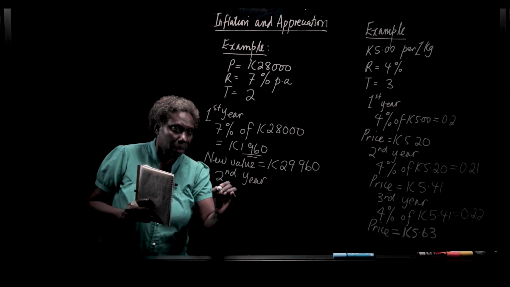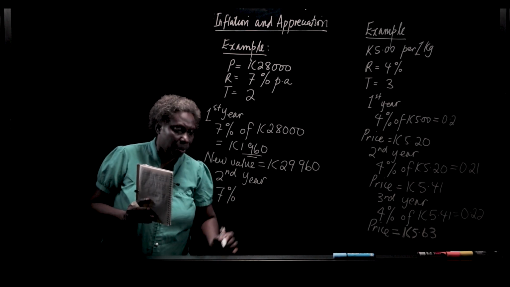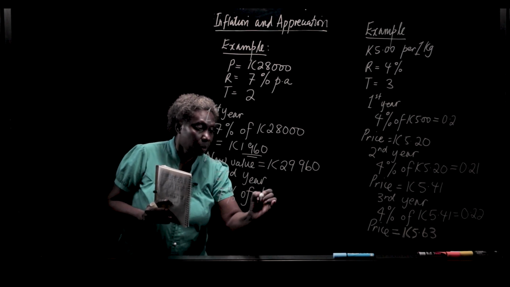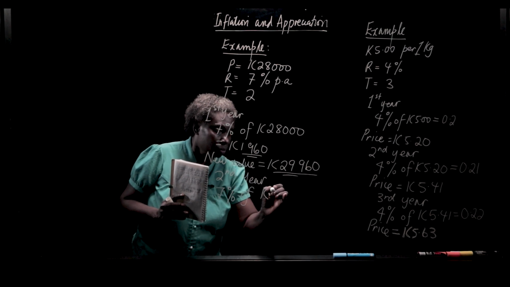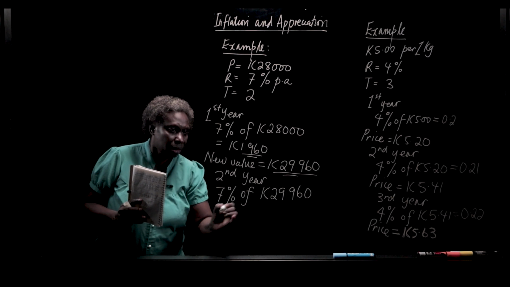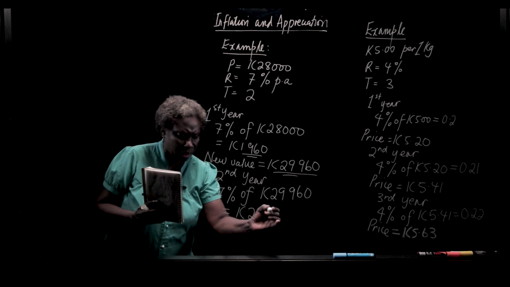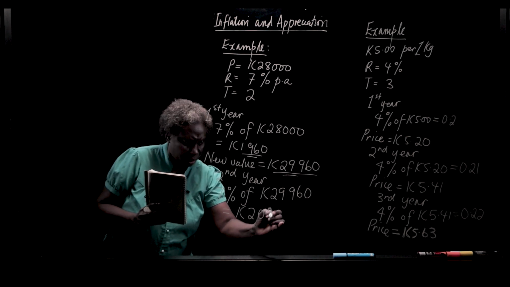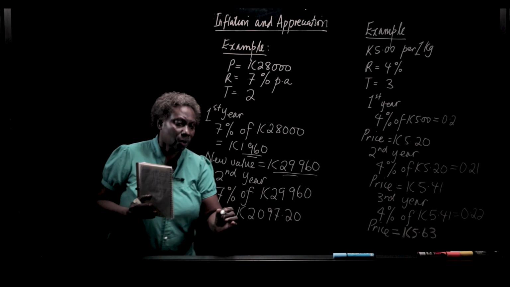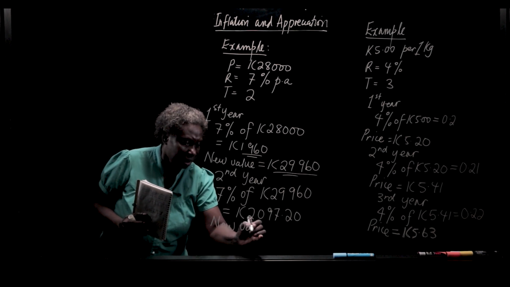So we now have 7%, because it is appreciating per annum by 7%. 7% of 29,960 is equal to 2,097 kina 20 toya.